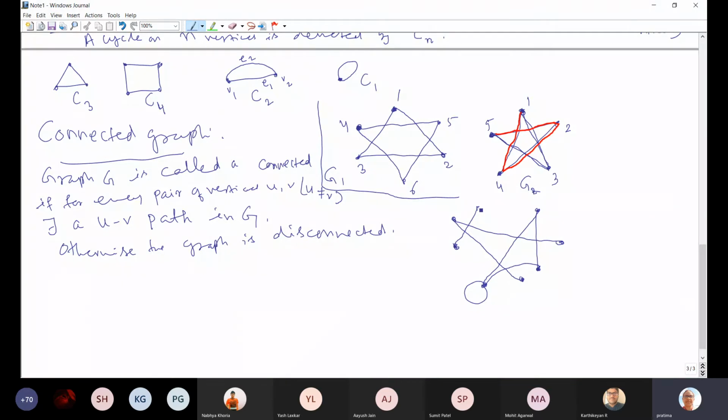I may also consider some isolated vertices. So this is one example of a disconnected graph.